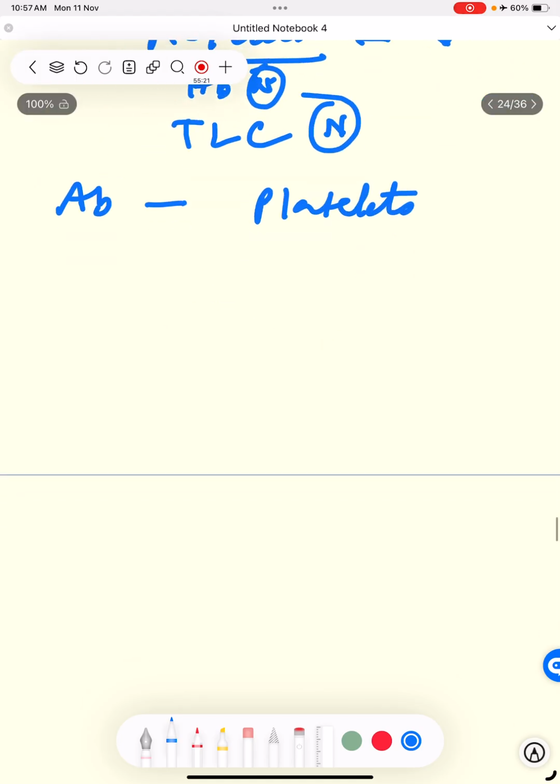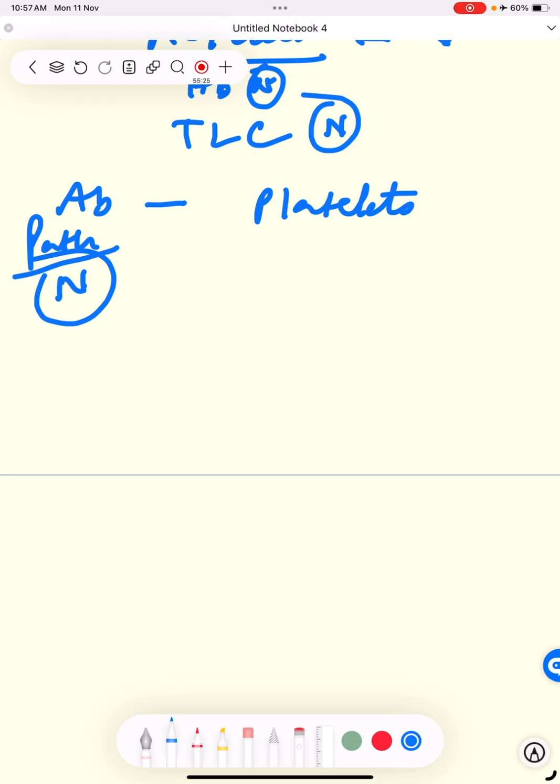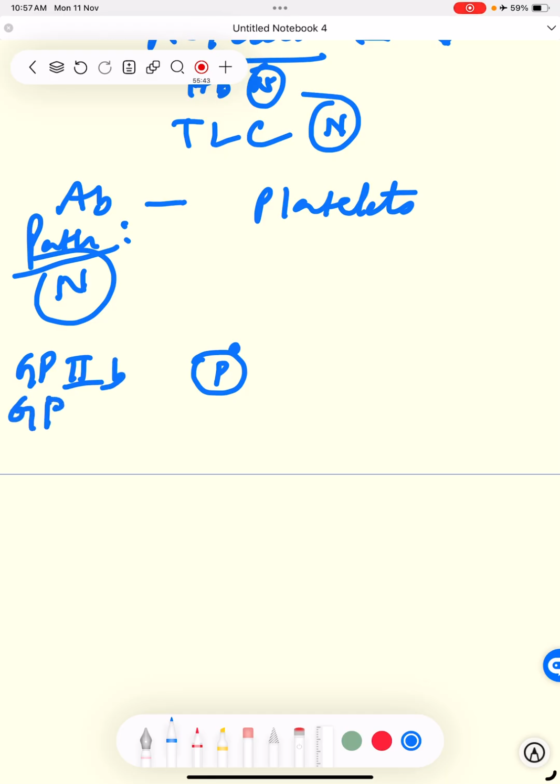Now, normally, let's talk of the pathological part of this idiopathic thrombocytopenic purpura. Normally, if this is a platelet, they have receptors. These receptors are called GP2B or GP2A receptors, which are present on the surface of the platelets.